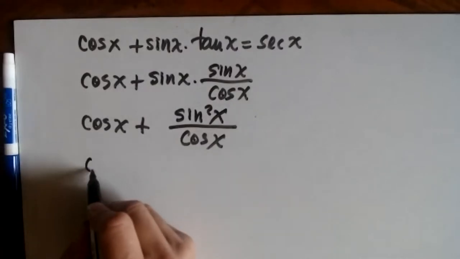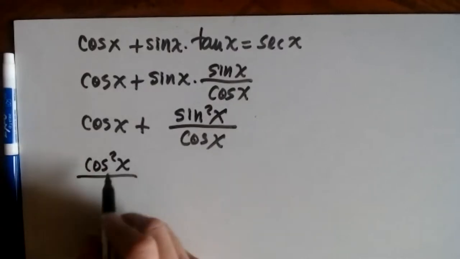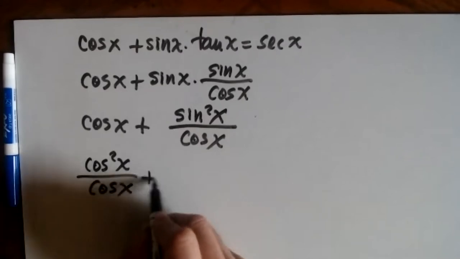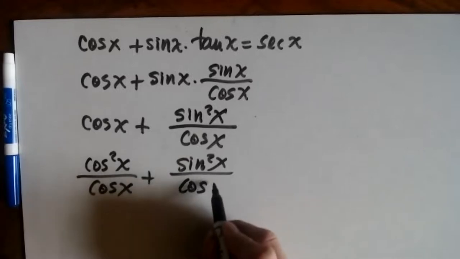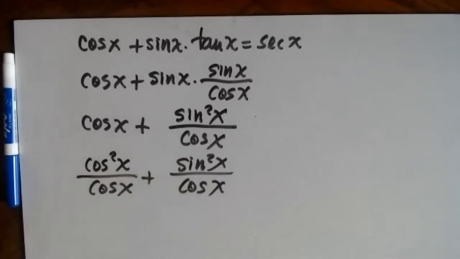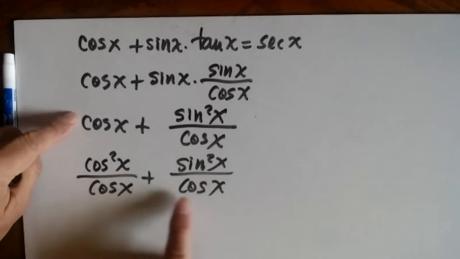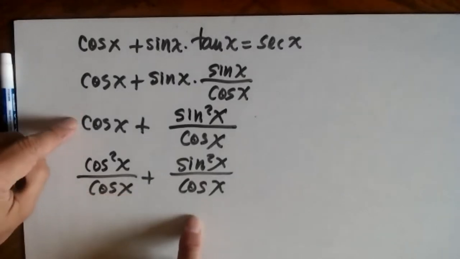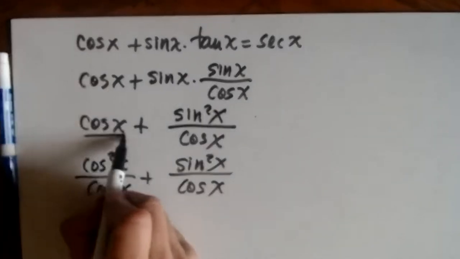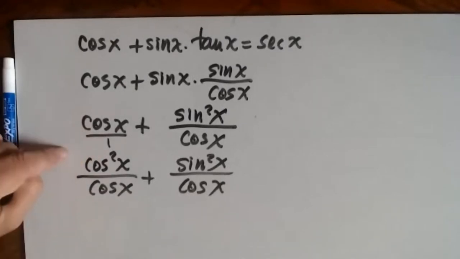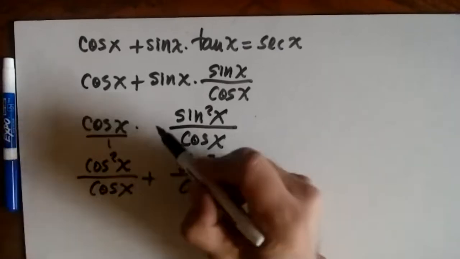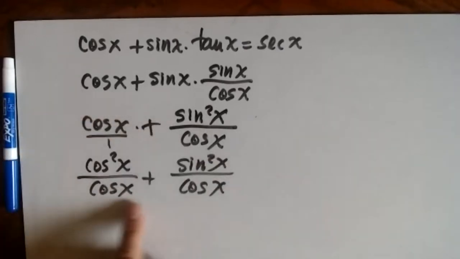So I have cosine squared x over cosine x plus sine squared x over cosine x. You make this a fraction with the same denominator, so you put it over 1 and multiply times cosine, and you get this one right here. What is the next step? Put it together.